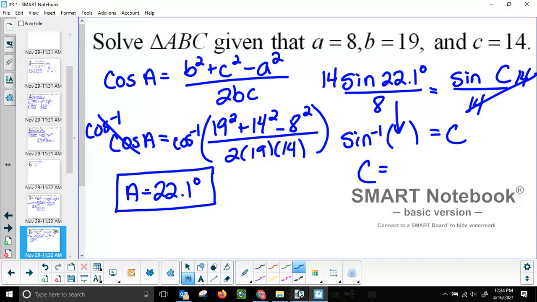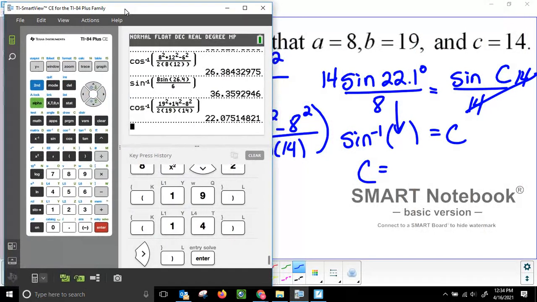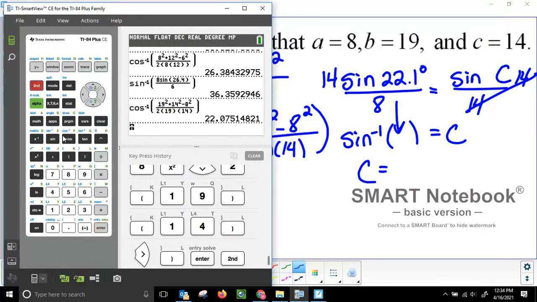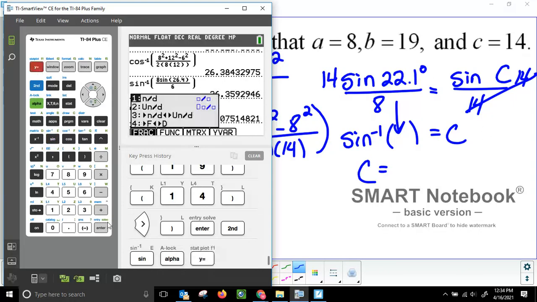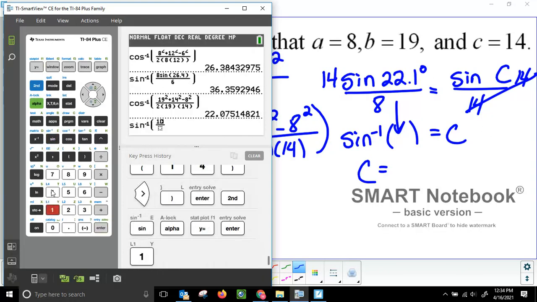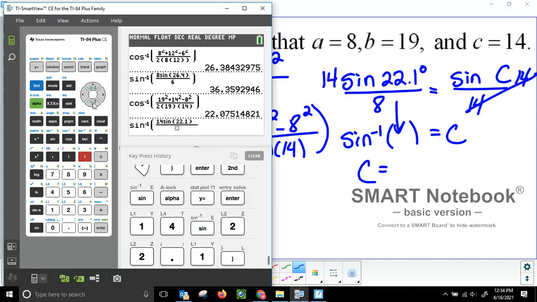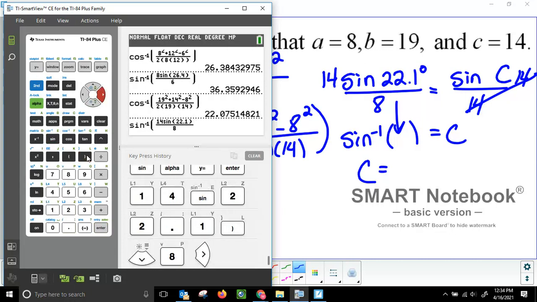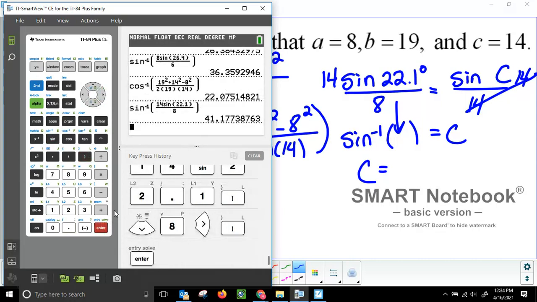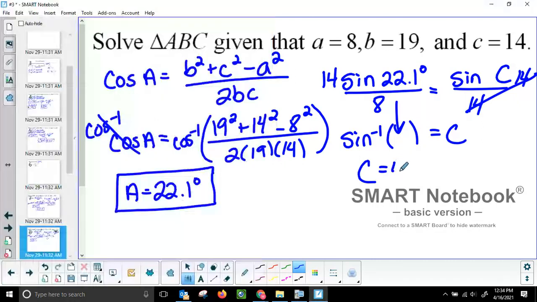So when we do that, we have the inverse sine of 14 sine of 22.1 degrees over 8, and we get 41.2 degrees.